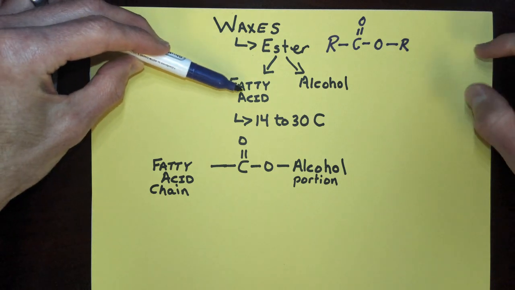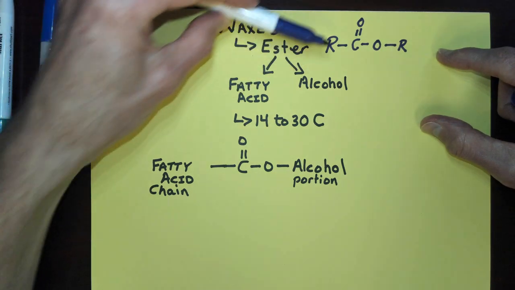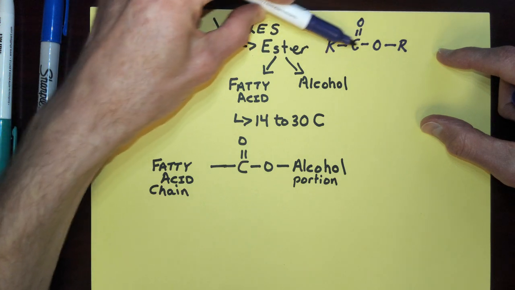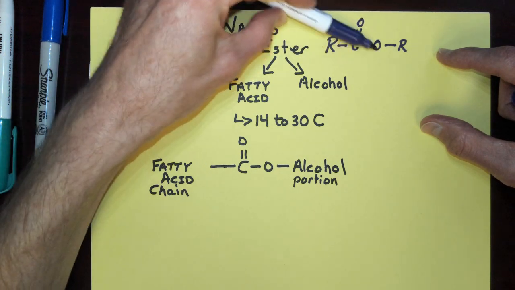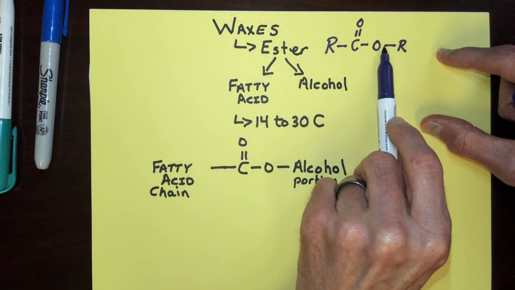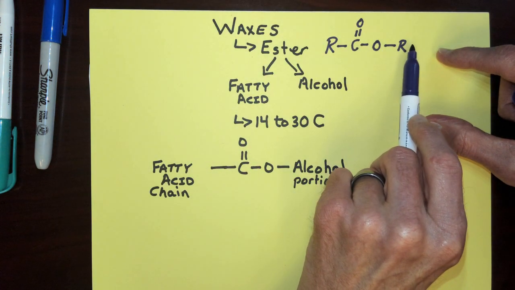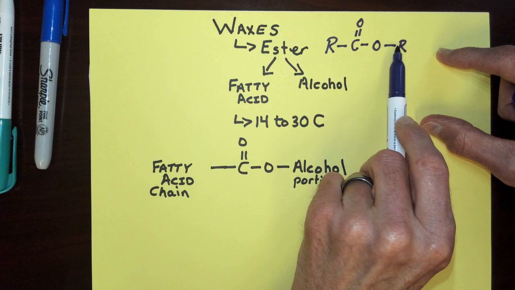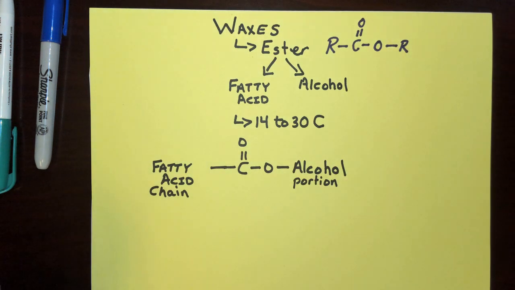If we take this R and this, we're looking at a carboxylic acid, and then the H, remove the R, comes in from the alcohol, so we get that ester.